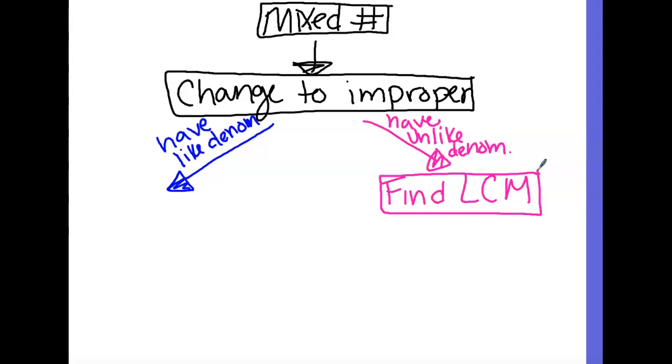Okay, after I find the LCM, what do I do? So if I have like denominators, I add or subtract the what? Numerator. And what happens to the denominator?